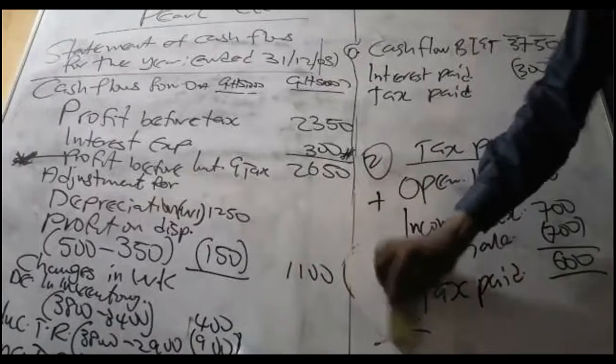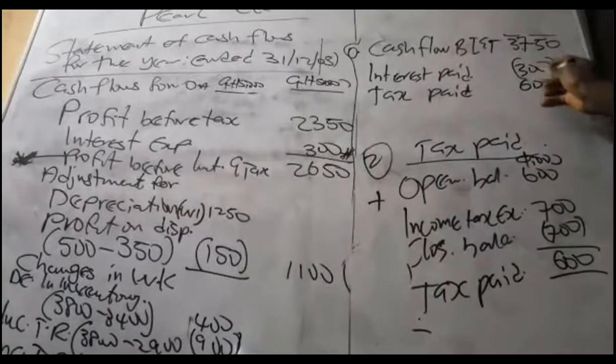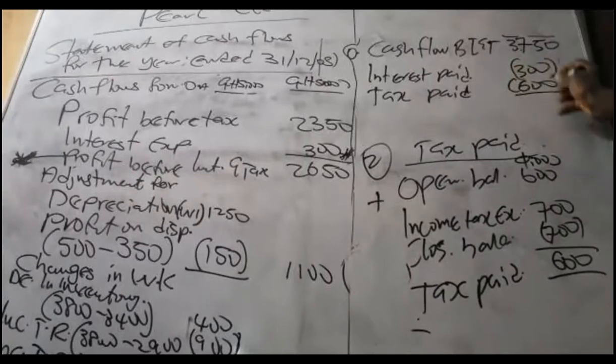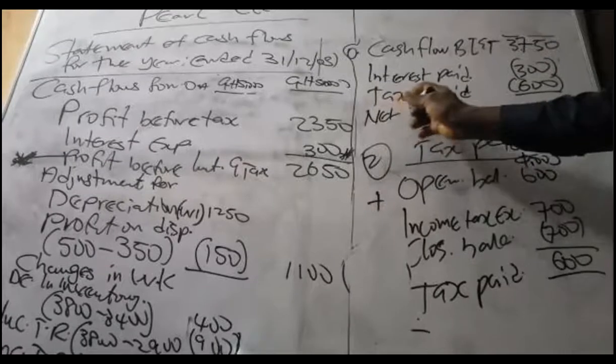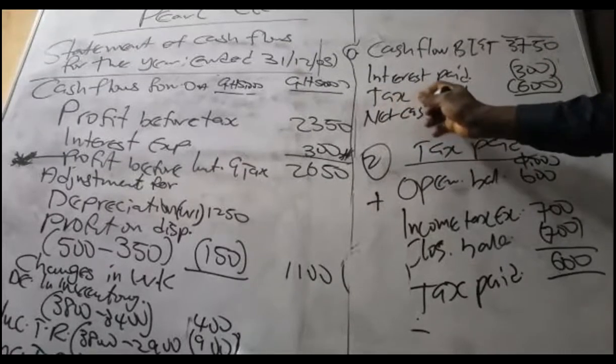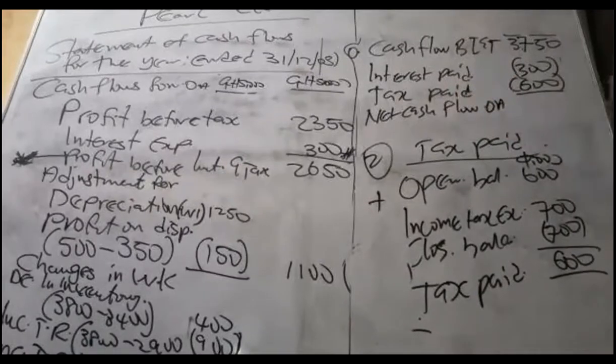Okay, so I'll put the tax paid here, 600, in brackets. So this will be the net cash flow from operating activity.